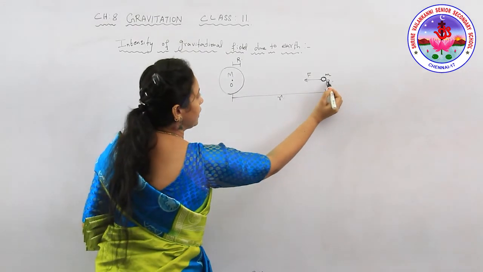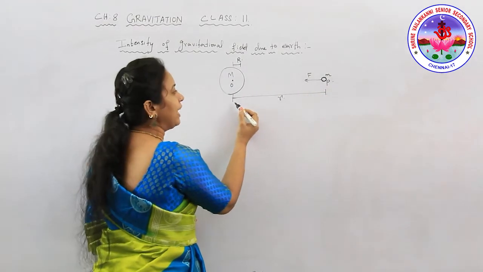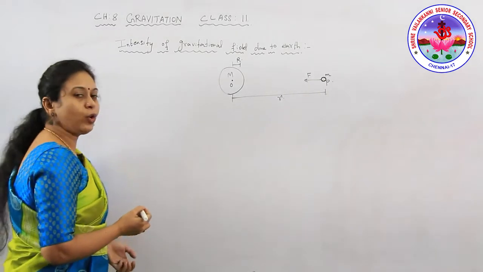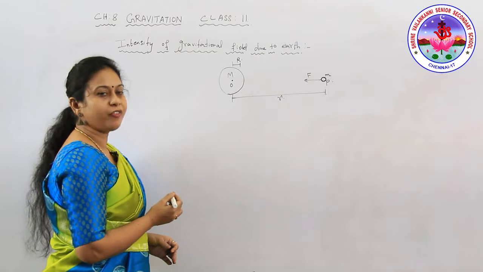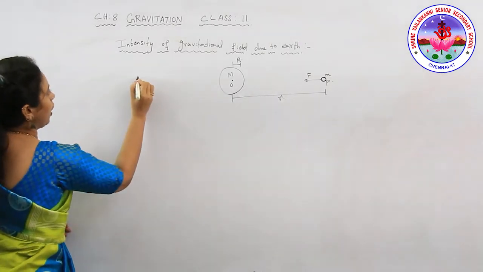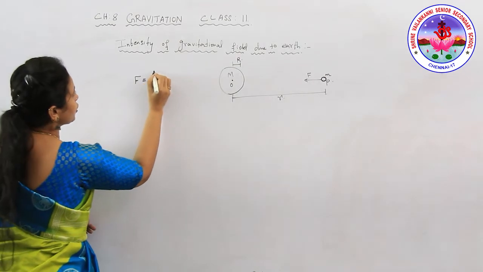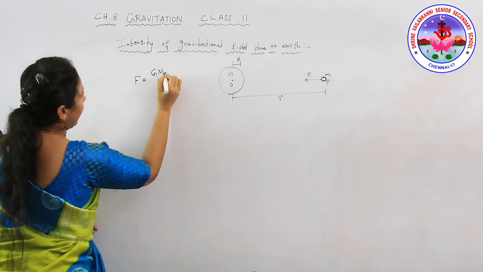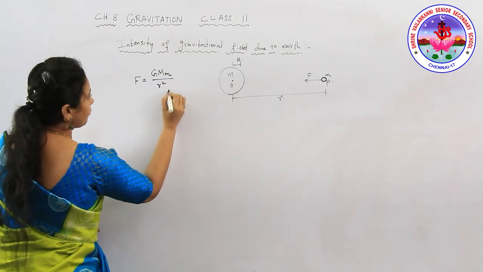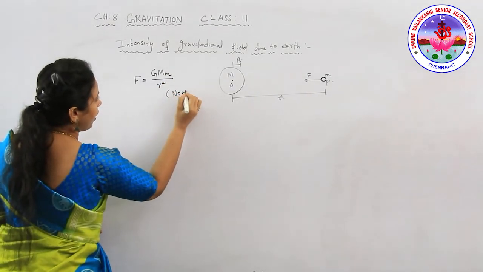We keep it near the point P, at a distance small r. According to Newton's law of gravitational force, F is equal to what? F is equal to G M m by r square.